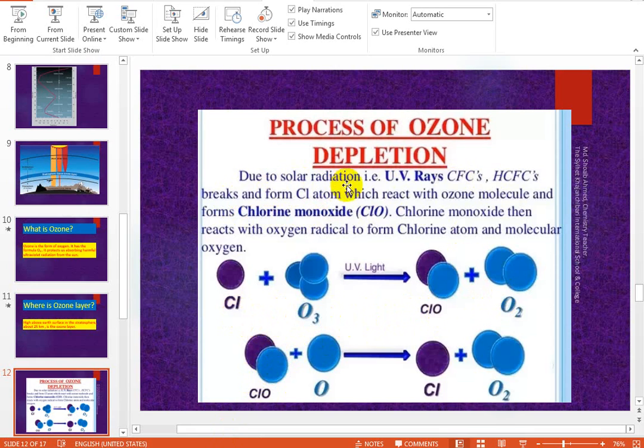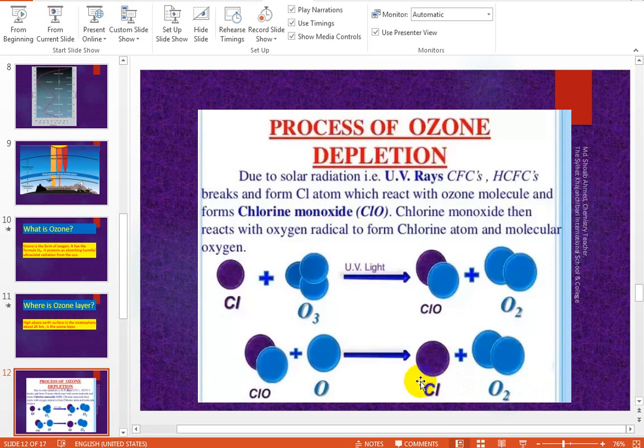Due to solar radiation, CFC and HCFC break down and form chlorine atoms, which react with ozone molecules and form chlorine monoxide and oxygen. Then this chlorine monoxide reacts with an oxygen radical and forms chlorine radical and oxygen again.